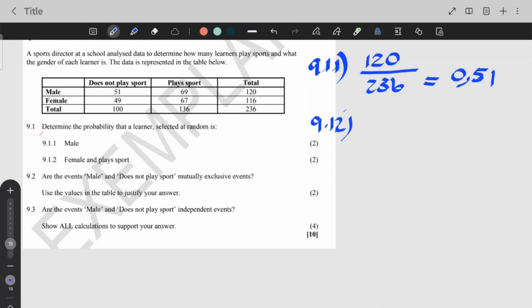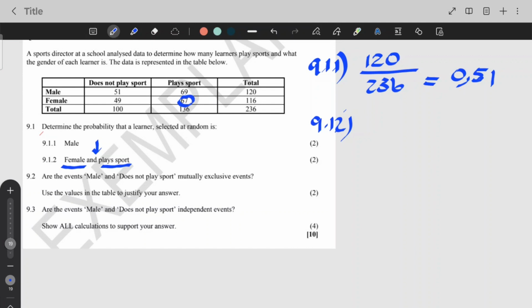9.1.2 says, what is the probability that a learner is female and plays sport? Okay, so the "and" means it's one number in the contingency table. So let's go look for female and play sports. So here's female, so it's definitely in this line. This one is female and do not play sports.